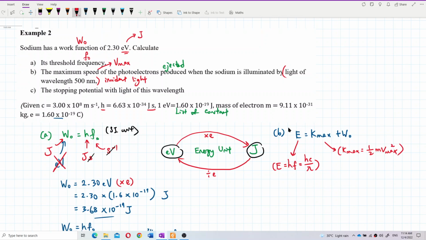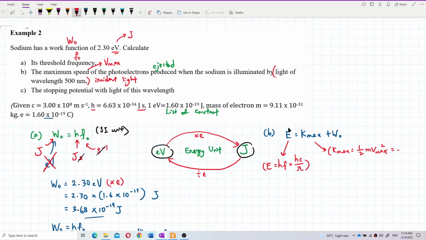Understand? This Kmax is half mv square, or we can also say this is eVs, the stopping potential.